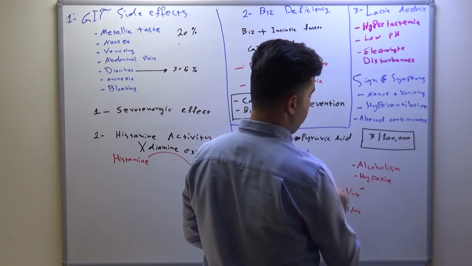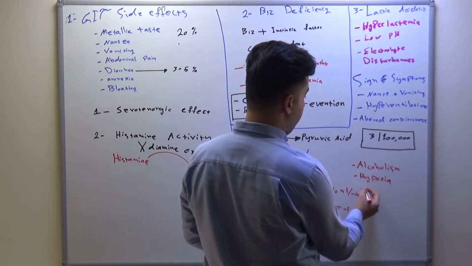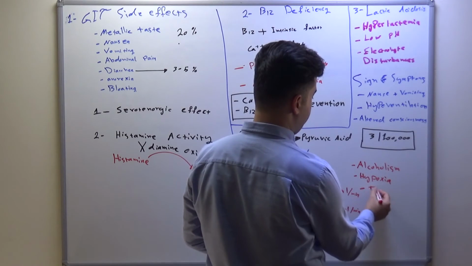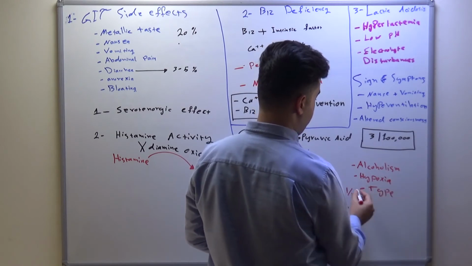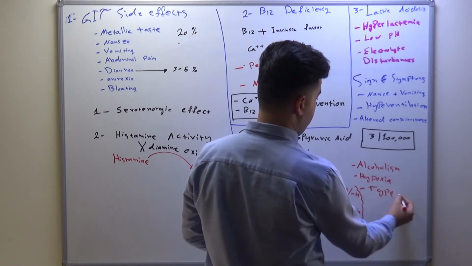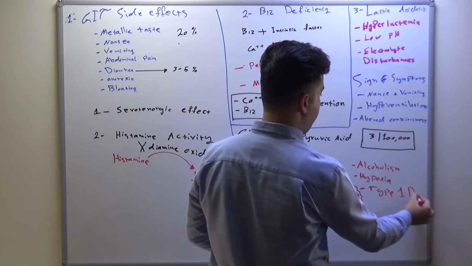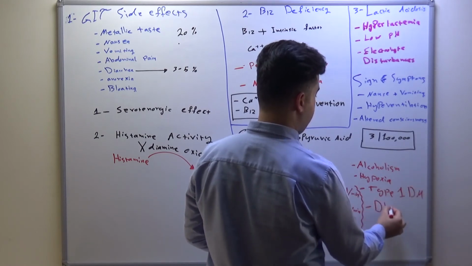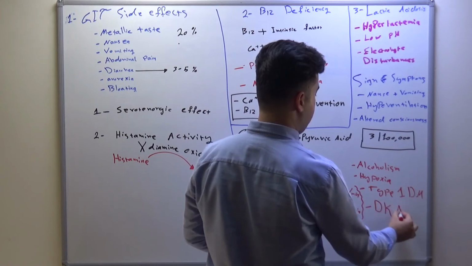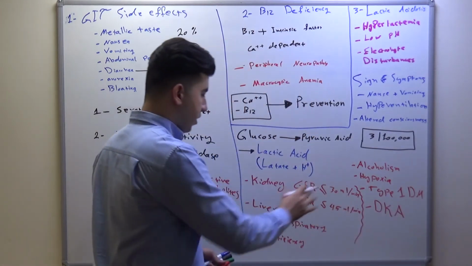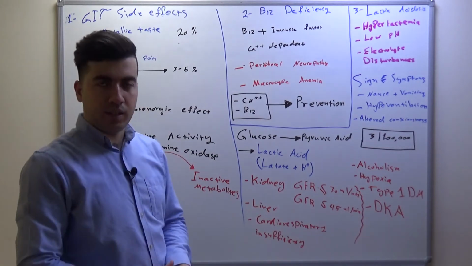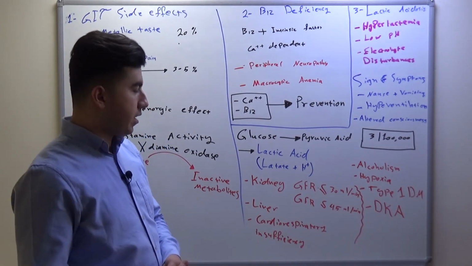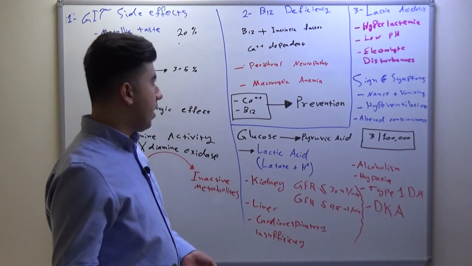Also, patients with type 1 diabetes mellitus, and also diabetic ketoacidosis. These groups of patients are at high risk for lactic acidosis due to accumulation of the lactate.